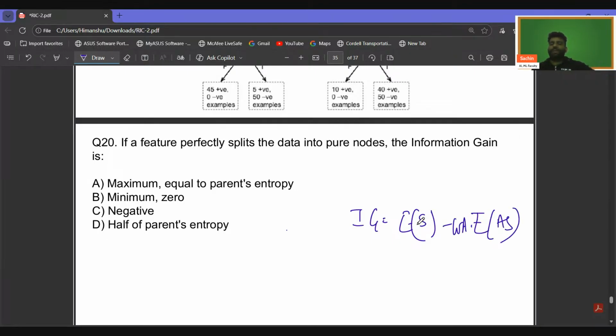I don't know what the entropy was initially, but what is going to be the entropy after splitting if it is split into pure nodes? It is going to be 0. And the moment I get the least entropy after splitting, I get the maximum information gain. So it's going to be maximum, equal to the parent's entropy. I hope it's clear.